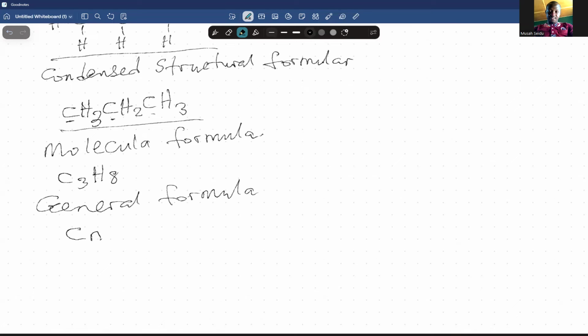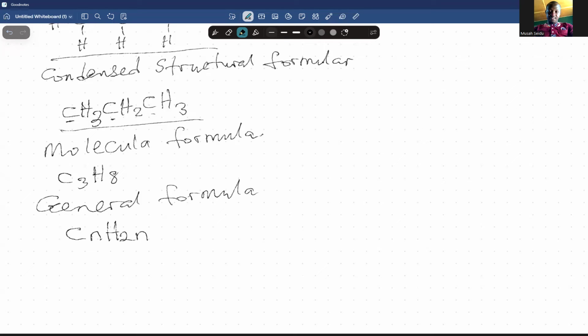The n stands for the number of carbons you have. And then for the number of H, you multiply 2 by the number of carbons you have. After that, ask yourself, does it match the number of hydrogens you have in the structure? If not, what do you do? Now, let's see how we go about this.